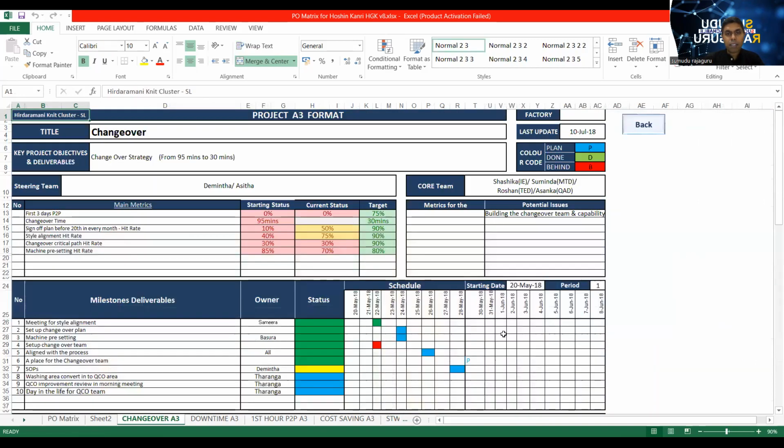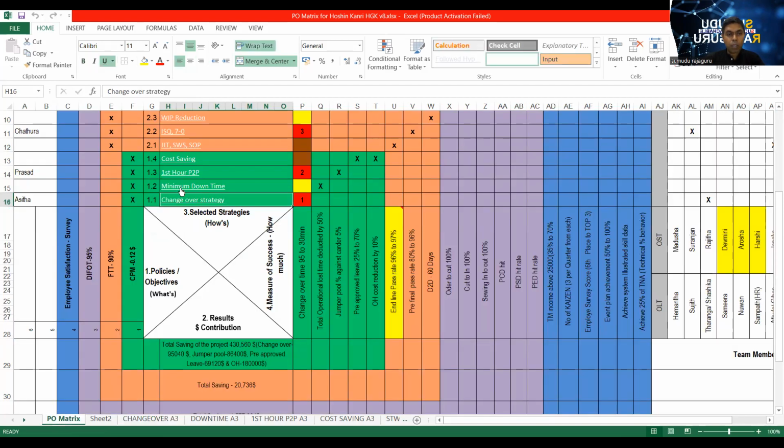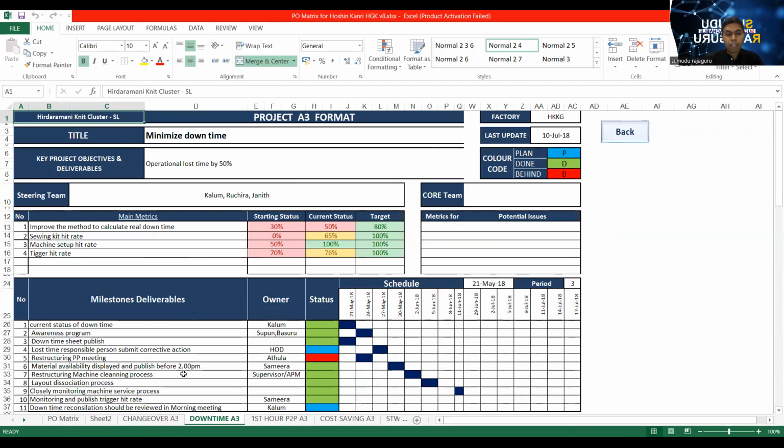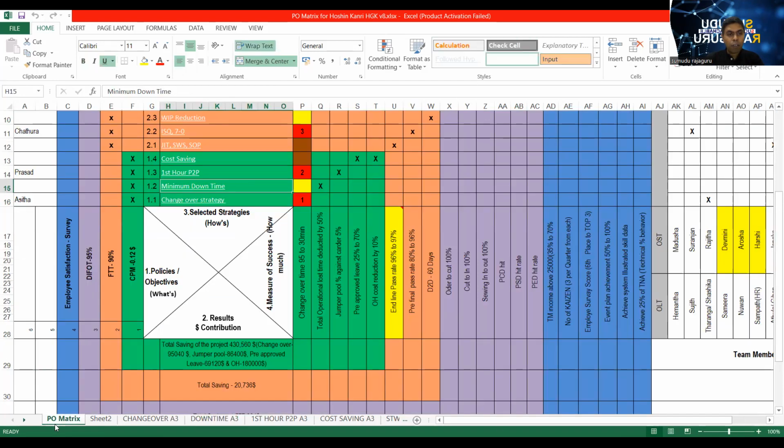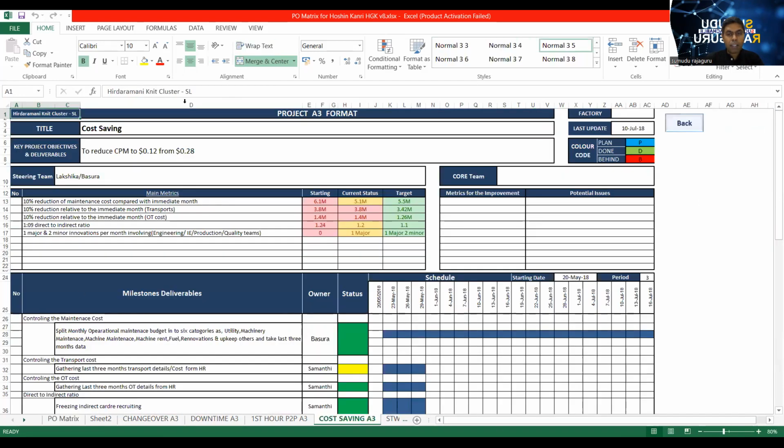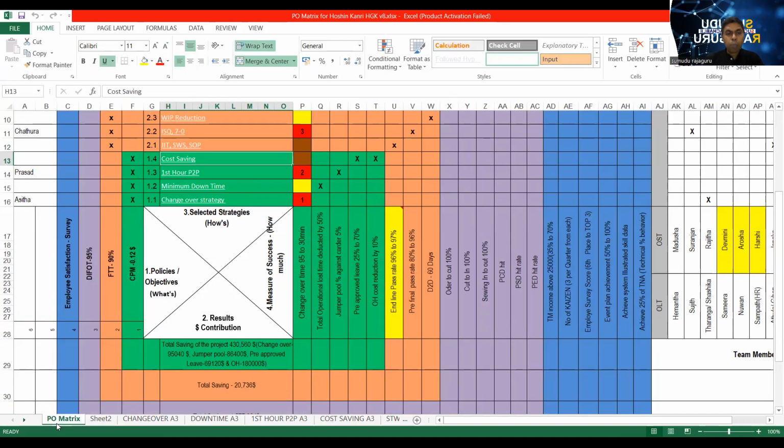When we come to minimum downtime, this is a separate A3. When we come to cost saving, this is a separate A3. So from the A3, we implement and we monitor. So whatever the review, everything is based on the A3 plan.